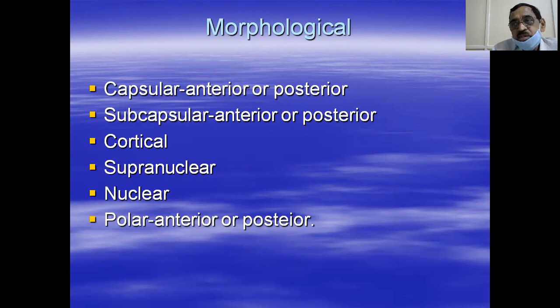Embryonic cataract, in case of a congenital cataract, where the patient is born with opacity, depends on which part of the nucleus is affected. It depends on when exactly the disturbance of the formation of the lens fibers will occur. During that period, only that particular zone of the nucleus will be affected.